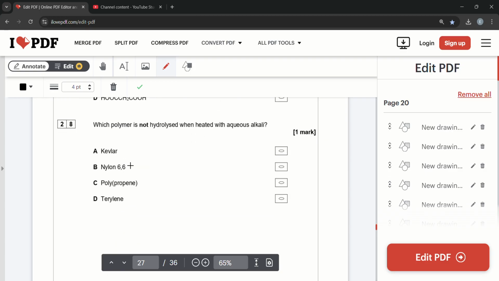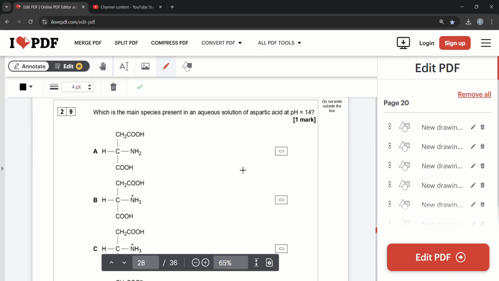No. 28. Which polymer is not hydrolyzed when heated with aqueous alkali? Kevlar is hydrolyzed. Nylon 66 is hydrolyzed. Polypropylene is not hydrolyzed. Terylene, I think that is hydrolyzed as well.